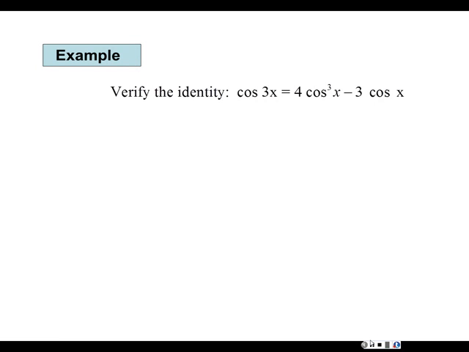And then we apply the formula for cosine alpha plus beta, which we have learned in the last section. If we do it, we get cosine x times sine 2x minus cosine 2x times sine x.